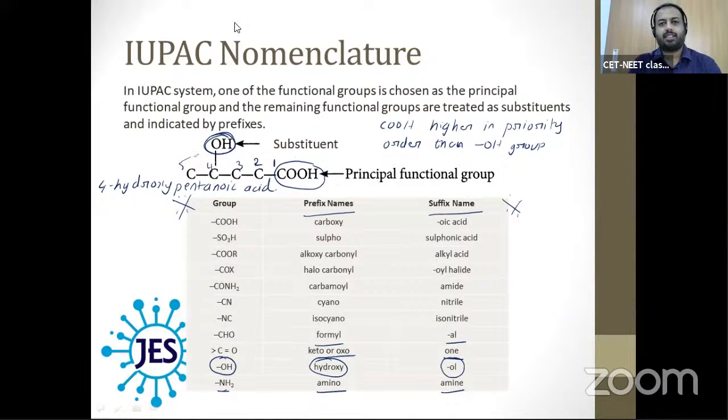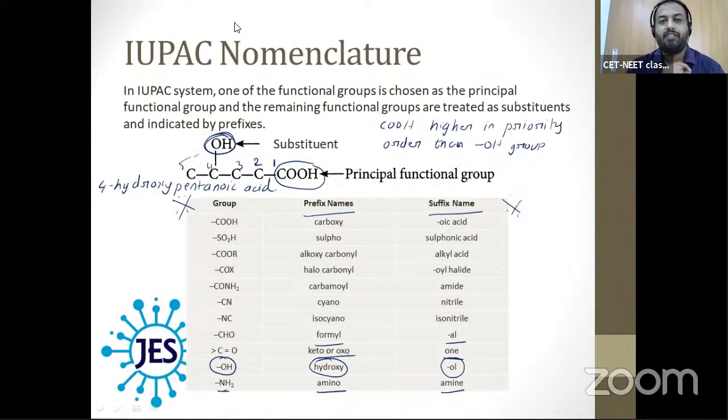This is our second class of basic principles of organic chemistry. In the first class, we discussed some introductory aspects like how to identify the hybridized state of carbon atoms in organic compounds, how to identify the different functional groups in organic compounds, and so on. Those were introductory ideas.